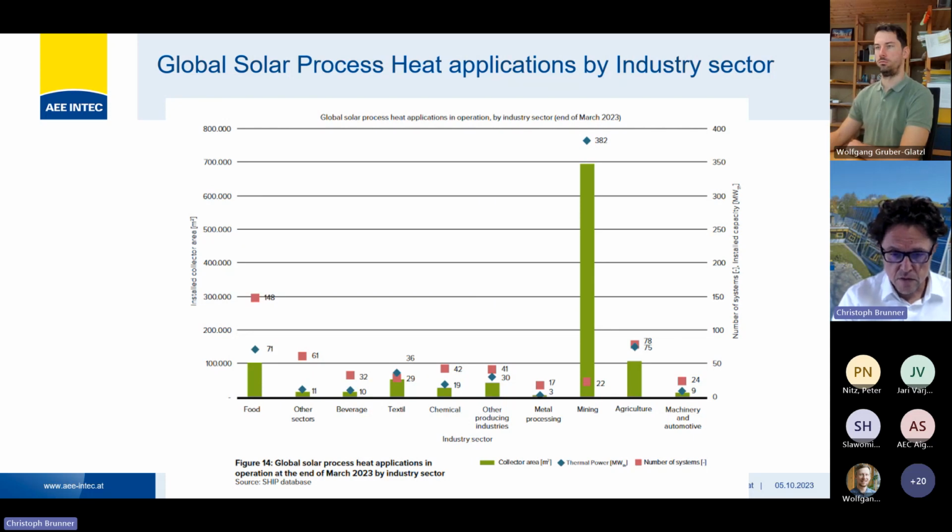This depends, of course, on the food and beverage industry having some smaller installations. In the mining industry, we have a few, 22, very large installations. But as you can see in this graph, there are already best practice examples worldwide in a high number of different industry sectors.